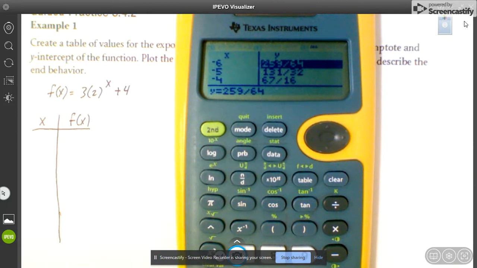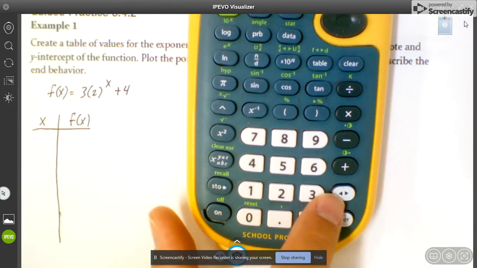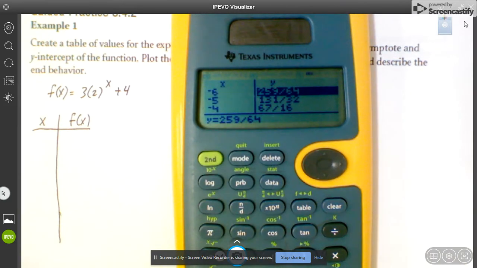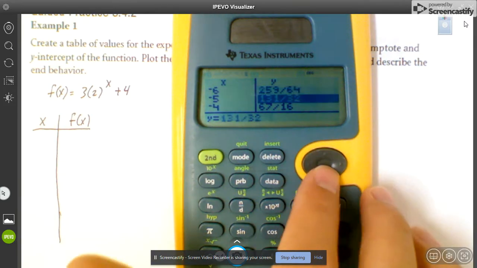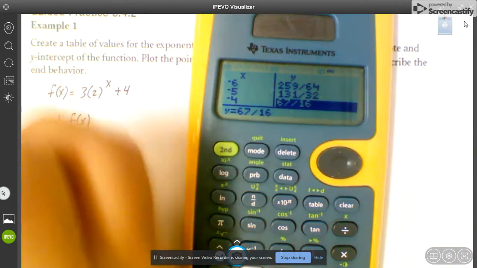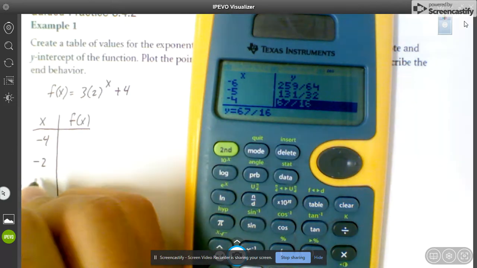That's ugly. I don't want that. I want to know a decimal approximation of that. So down here, with the little double arrow key, if you hover over that and click it, it'll spit out that that's 4.04. All right, so let's pick some to write down. I'm going to do -4, -2, 0, 2, and 4, just the ones I'm choosing so that I can get an idea.